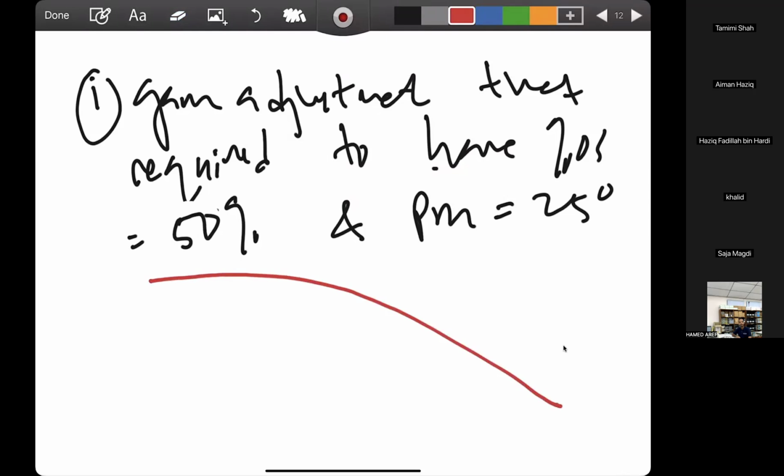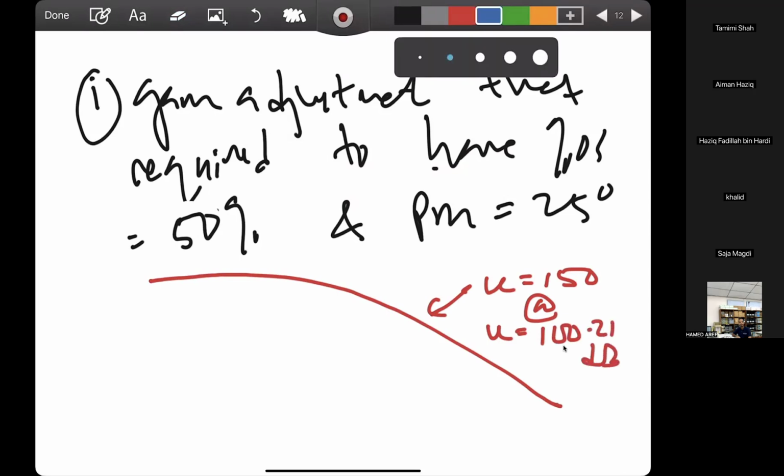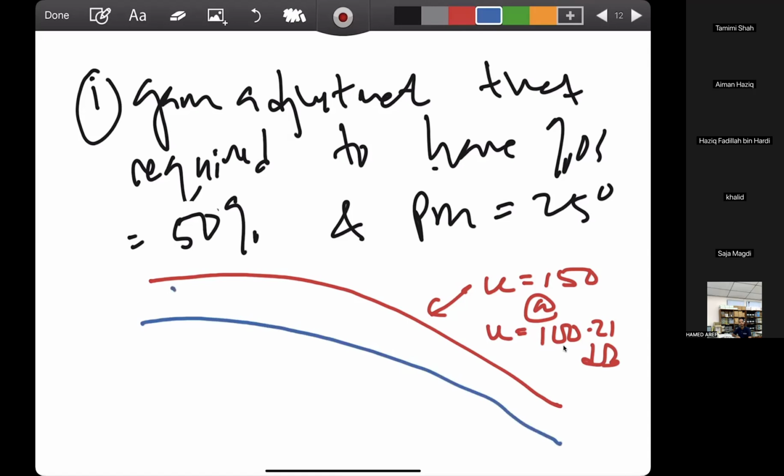So this one is K 150. The gain is 100.21 dB. And what you have to do is, for the new one, you have to shift down.